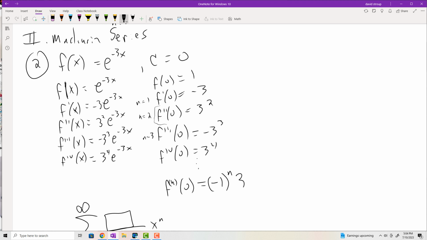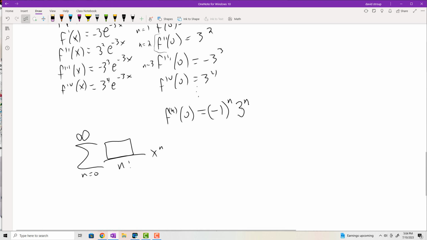And then there's a base of 3 raised to some power. Looks like when it's 3, the power is 3, when it's 4, the power is 4. So when it's n, the power is n. Then I can just dump that into my box. And there I am.